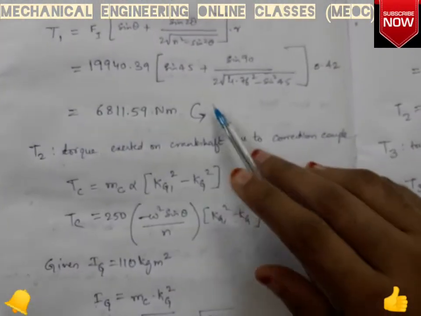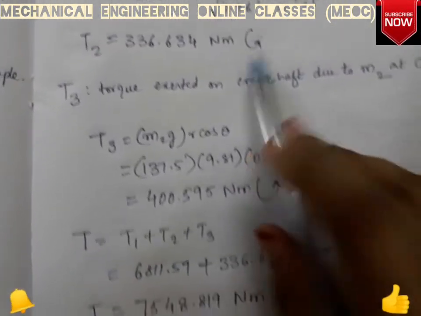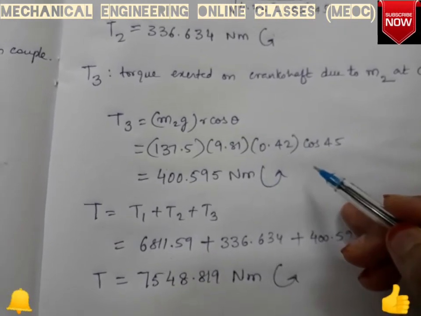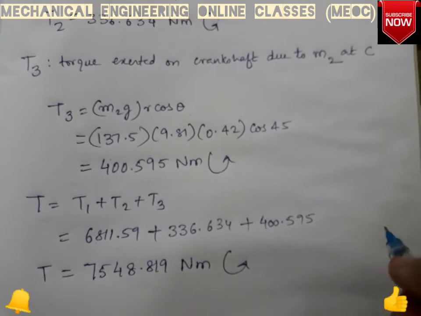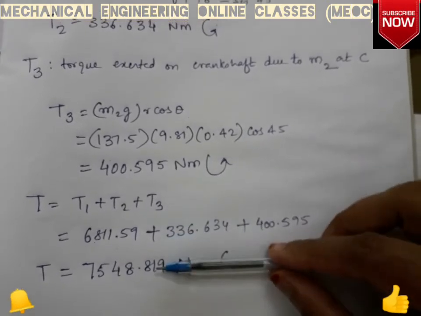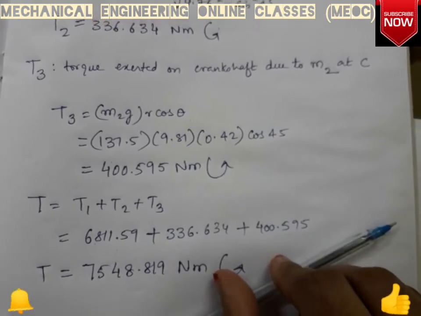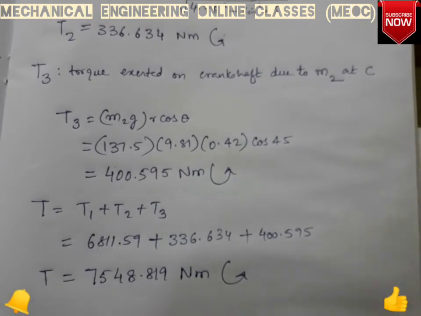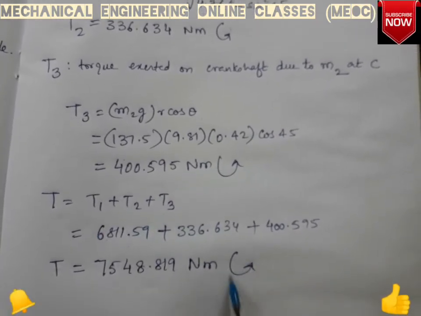That's why T1, T2 and T3 are all in the counterclockwise direction. Another point to be noted is that the crank is rotating in clockwise direction, so inertia will oppose it. So in this general case, all our T1, T2, T3 have come out to be anti-clockwise.